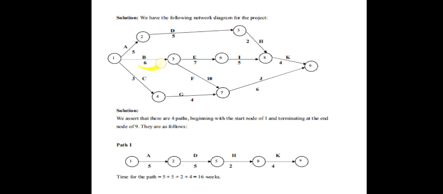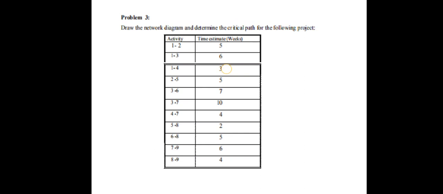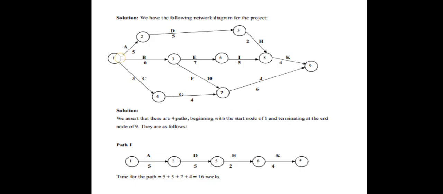Actually these alphabets are not given in the question; just for the convenience of naming the activities we have taken them. And next, 1 to 4 is 3, 4 to 7 is 4, 3 to 7 is 10.